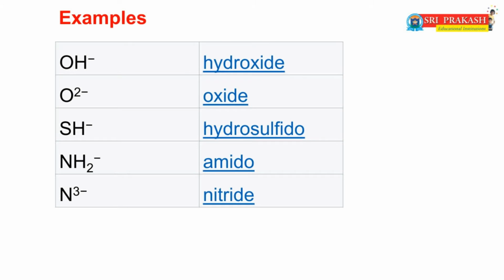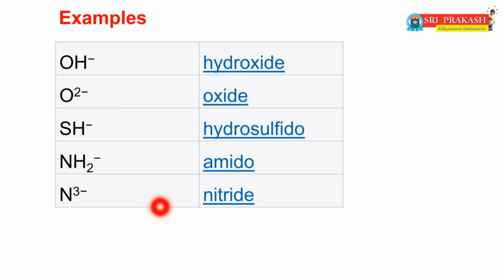Examples of bridged ligands are OH minus, hydroxide. In OH minus, oxygen contains two lone pairs of electrons. O2 minus, oxide. SH minus, hydrosulfido. NH2 minus, amido. In amido, nitrogen contains two lone pairs of electrons.